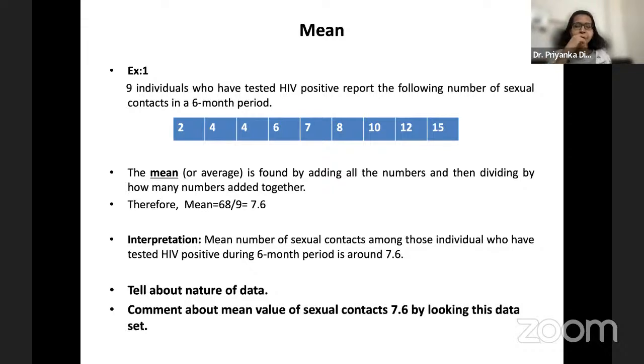Yes, done. Now come to the interpretation of the mode. What is this mode? Mode will say that the maximum of the participants have reported 4 times sexual interaction during last 6 months.